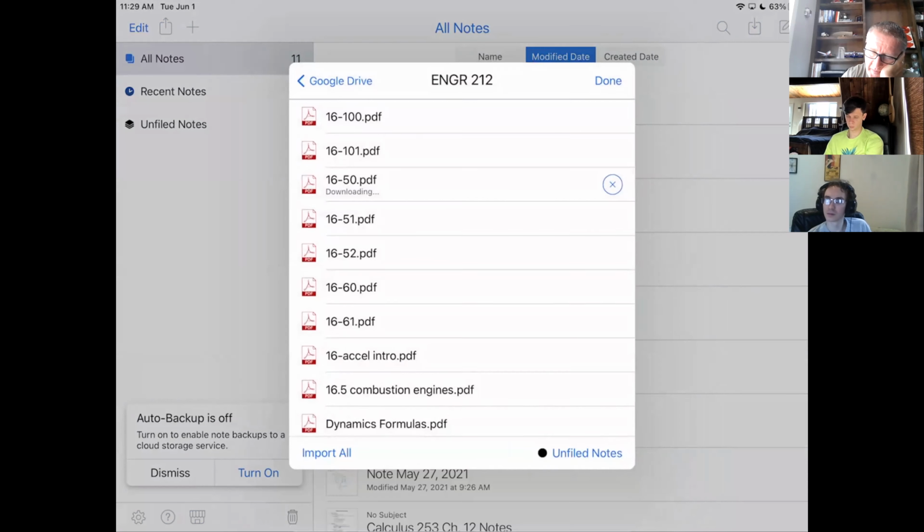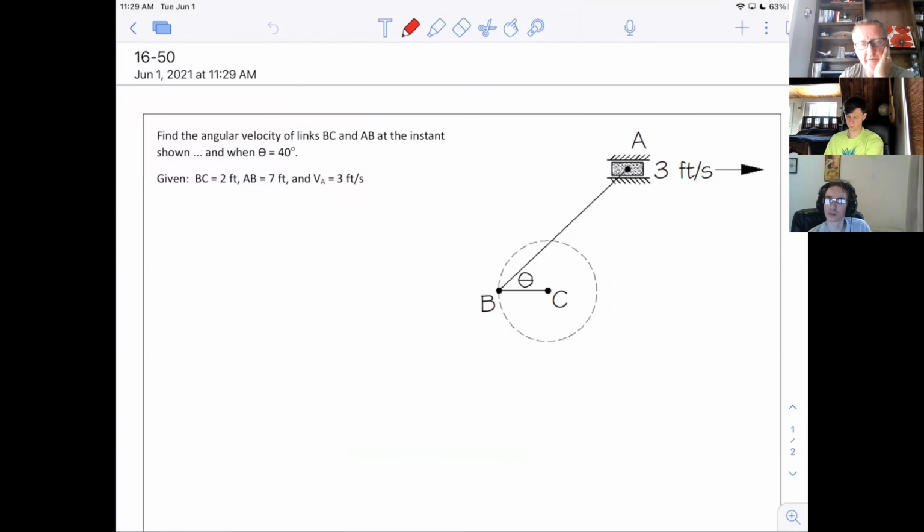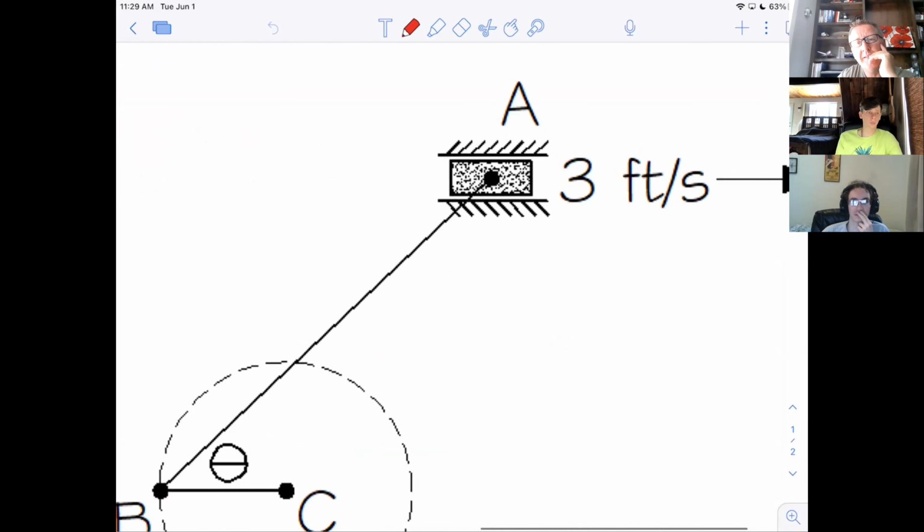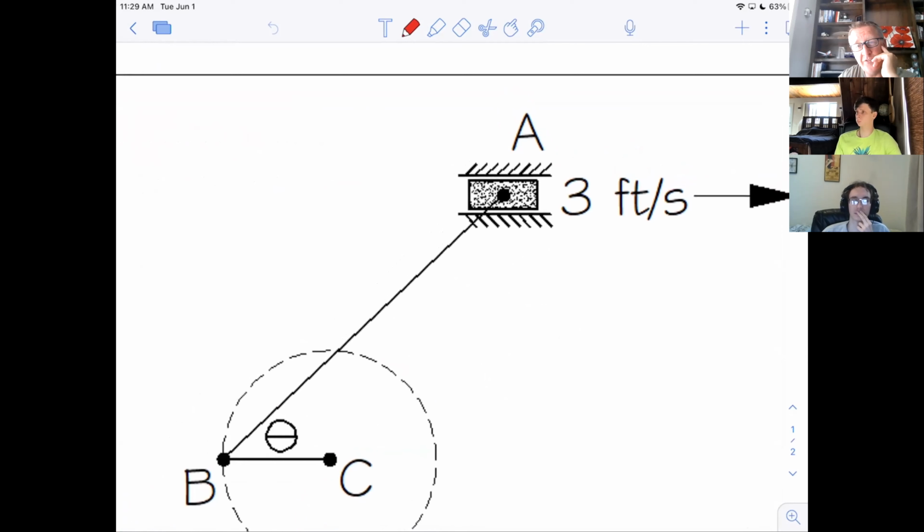These are all my homemade questions that I think are much clearer than the book. These are my AutoCAD drawings of this. Notice I didn't just draw A in space, I actually drew it like a piston, in the sense that A is constrained only to move right and left. Can you see that? That's the way a piston would work. So if I drag A to the right, that's the only way it can go, right and left.